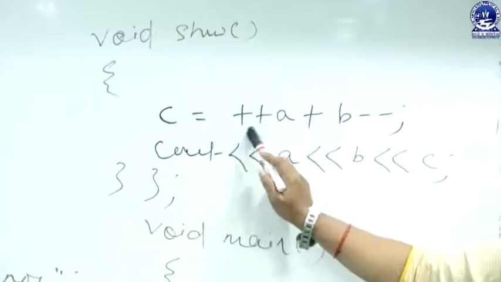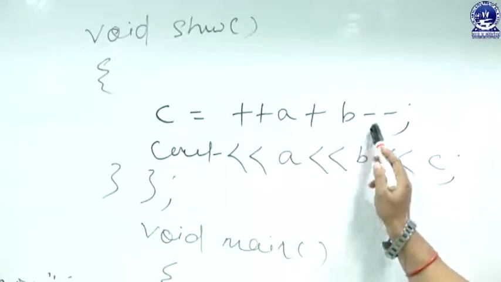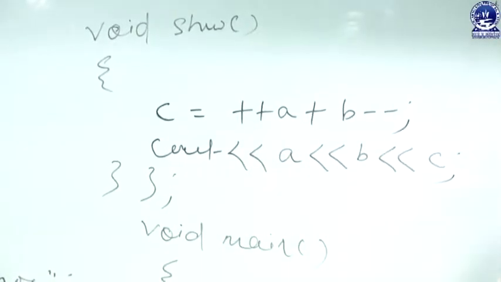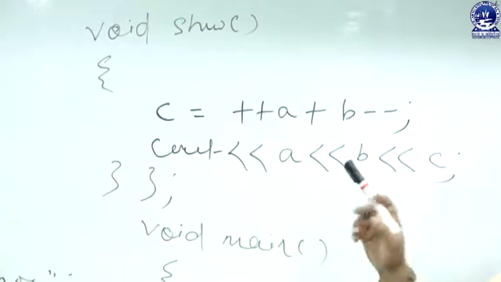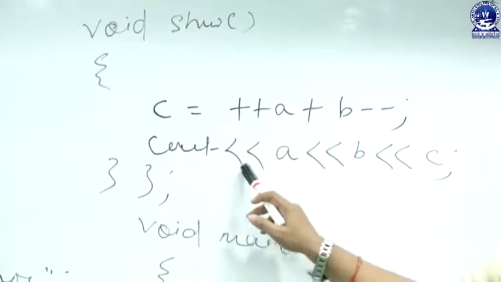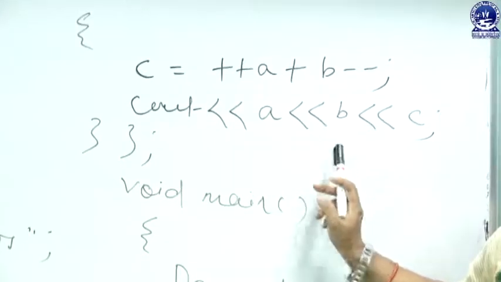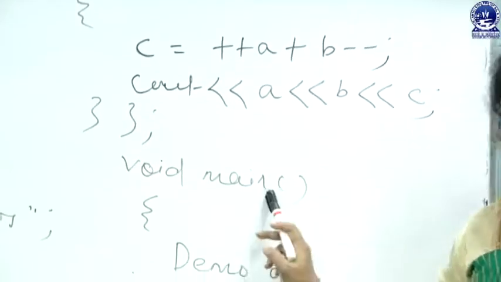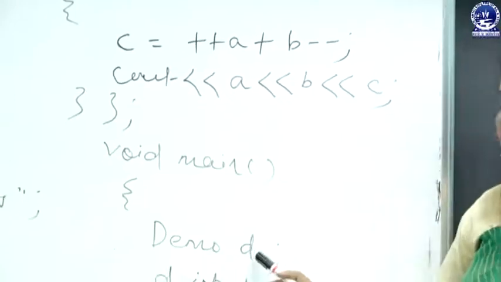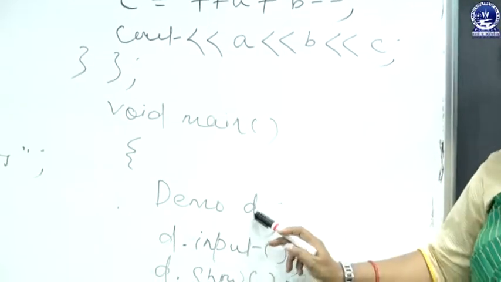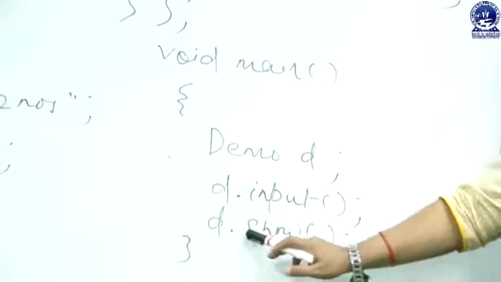Here I have used the increment and decrement operators, with both postfix and prefix notation. Then in the next statement I have displayed the values of a, b and c, and in the main function we have used demo d, where d is the object, and then d dot input, d dot show.